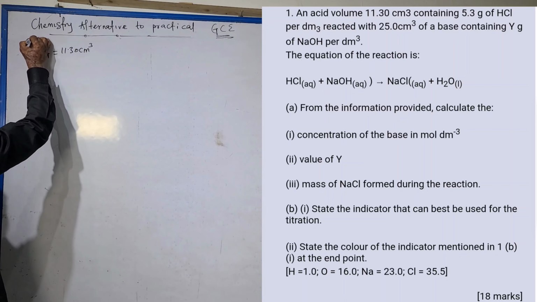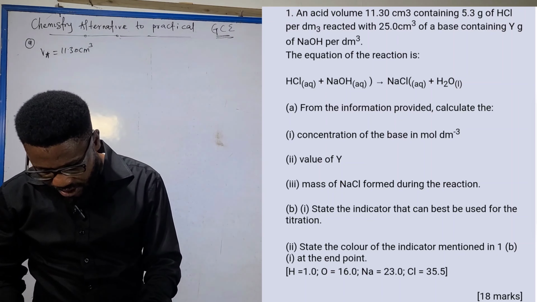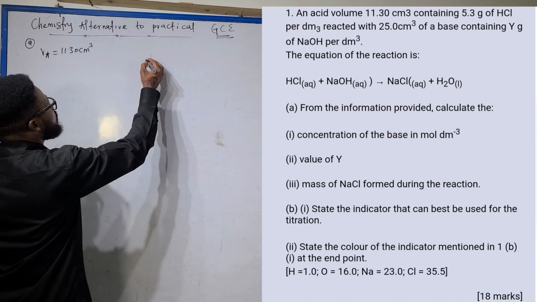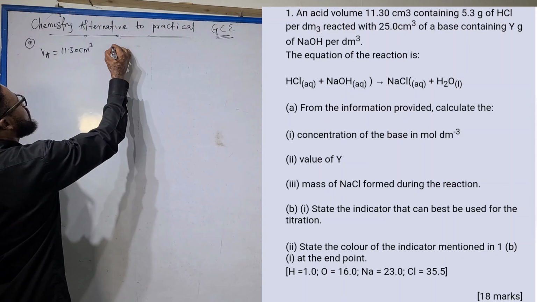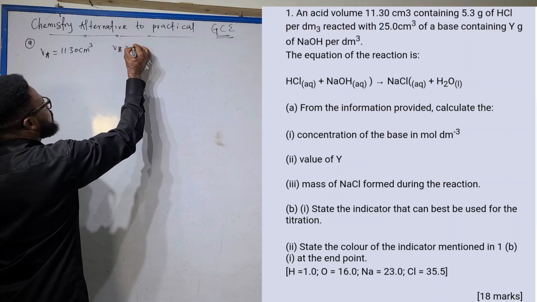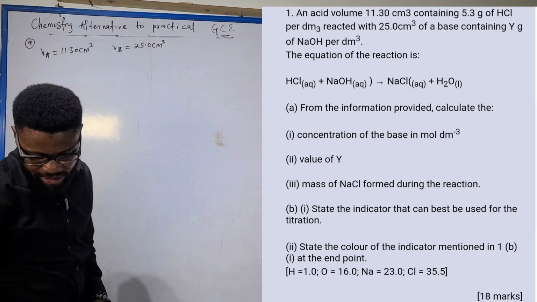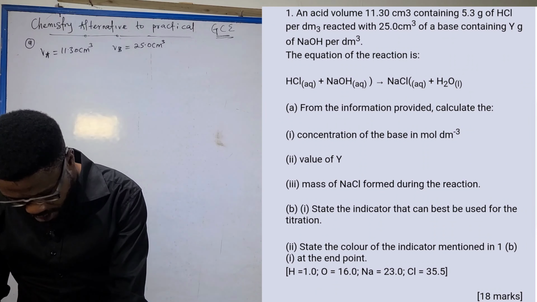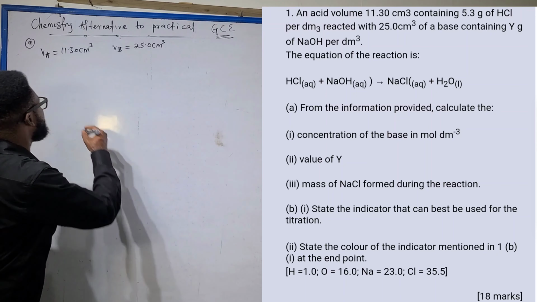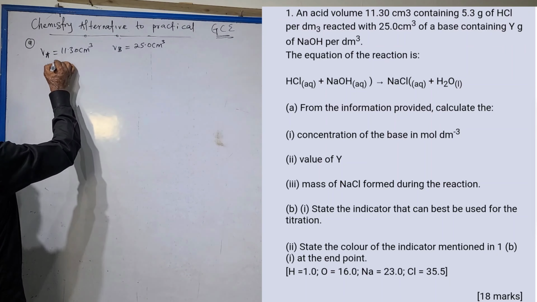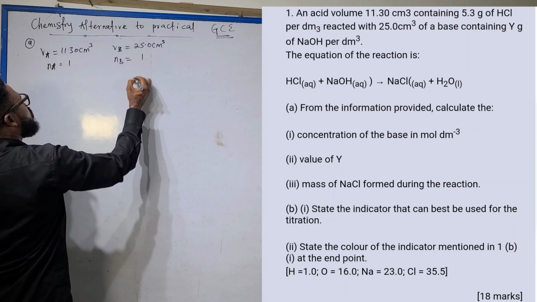The volume of the base here is the volume of the pipette, which is 25.0 cm cube, as given in the question. When you look at the reaction, the number of moles of the acid, Na, is 1, and Nb is also 1.